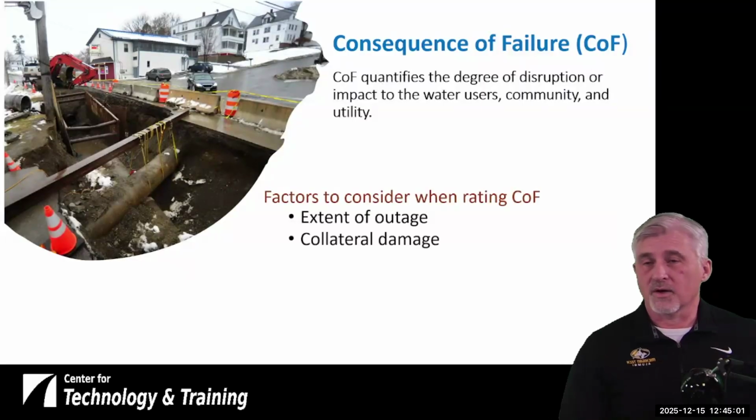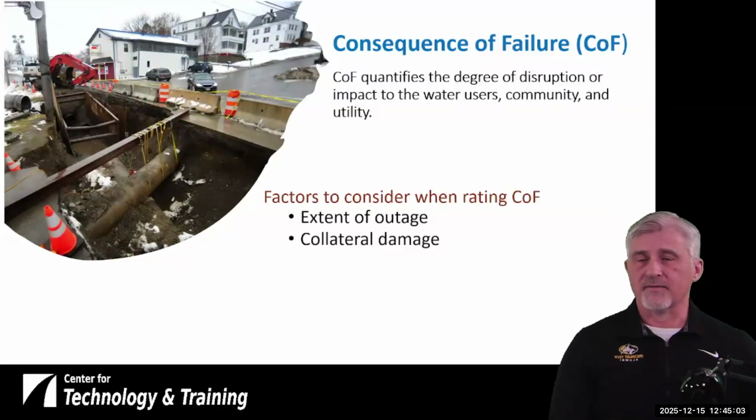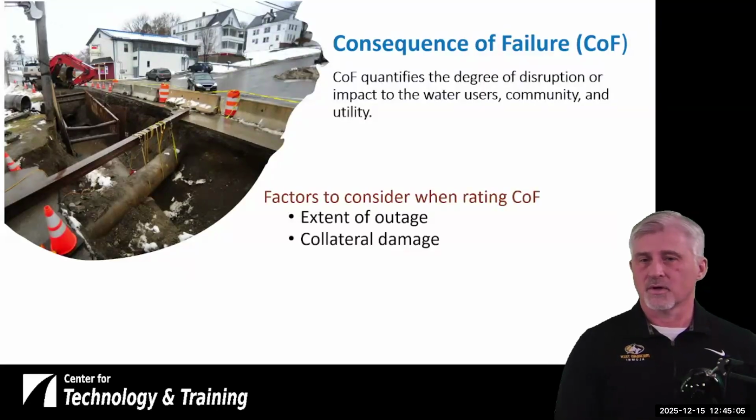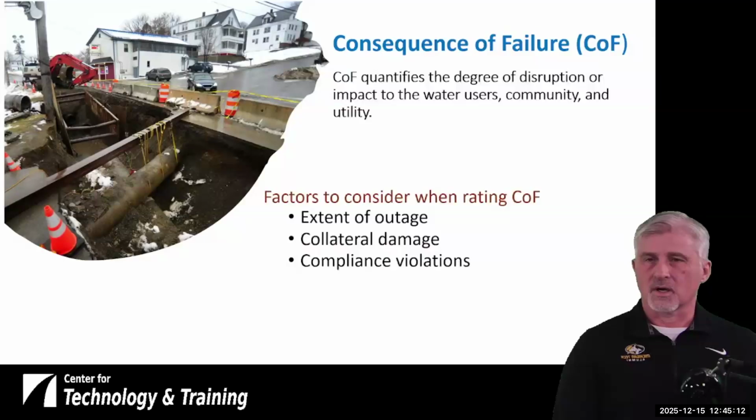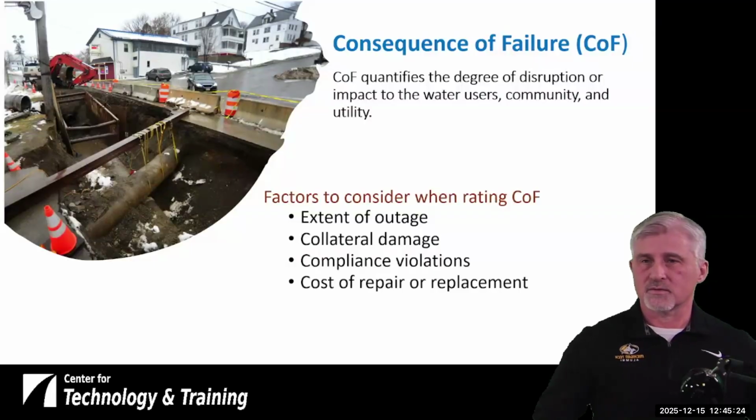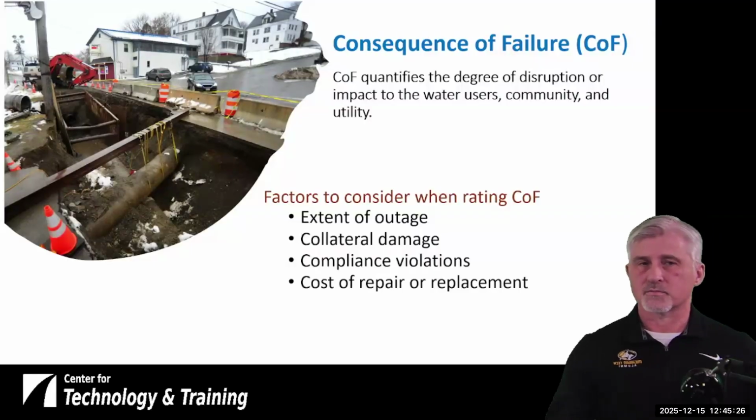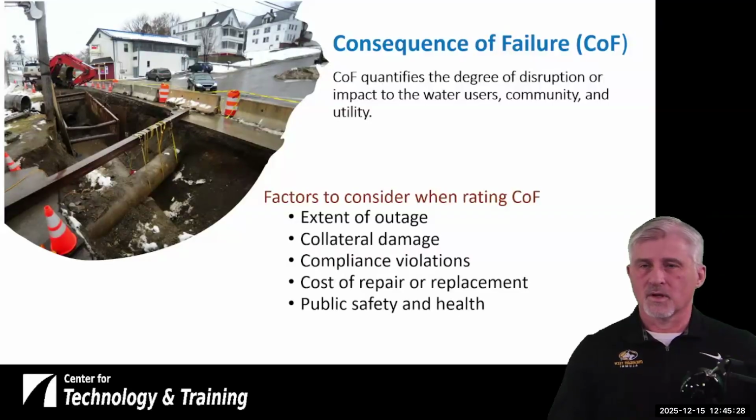Are we going to cause any other damage by having those people out of service, or by what it takes to fix the situation? Are we going to meet our regulatory requirements? Are we going to end up with violations because this was out and it wasn't operating? And then what's the cost to fix the problem? Are we affecting any public safety or health?